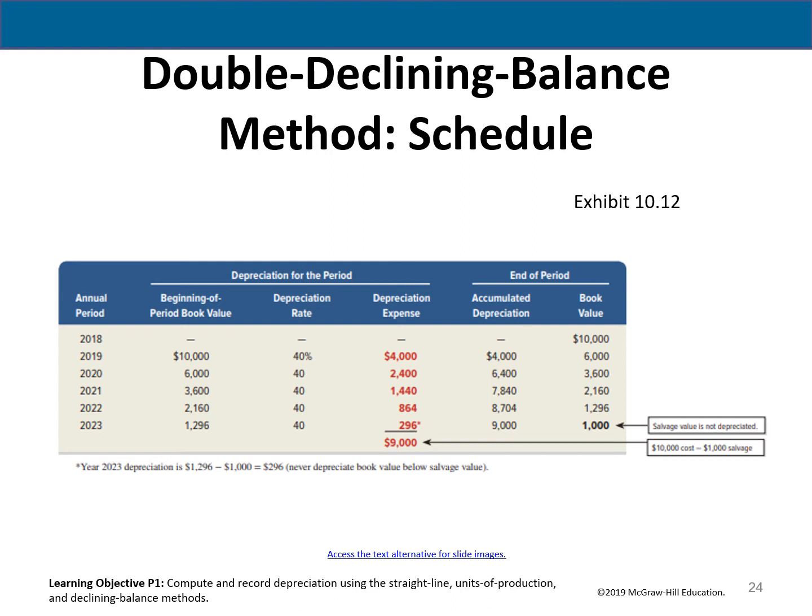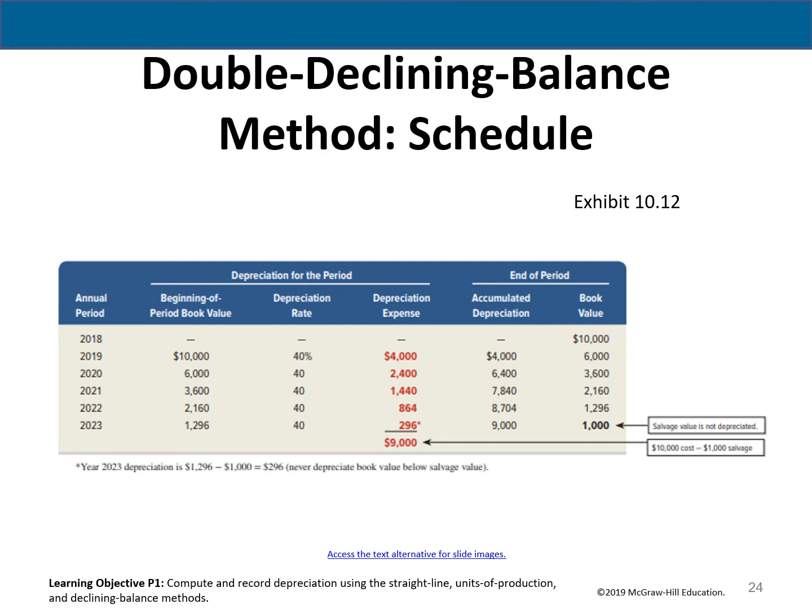Going into year 3, 3,600 times 40% gives us depreciation expense in year 3 of $1,440. That's the amount we'll use in our journal entry. That will cause our accumulated depreciation to increase $1,440 to $7,840. Book value now will be the $10,000 minus $7,840, $2,160. So we're still above $1,000.